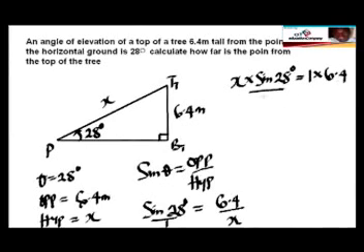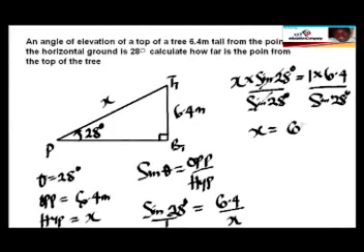And if I divide both sides by sine 28 degrees, this will cancel out this, so I'll have my X equal to 6.4 divided by sine 28 degrees.